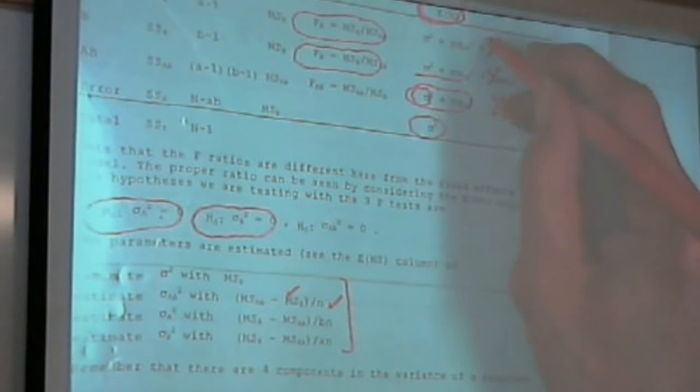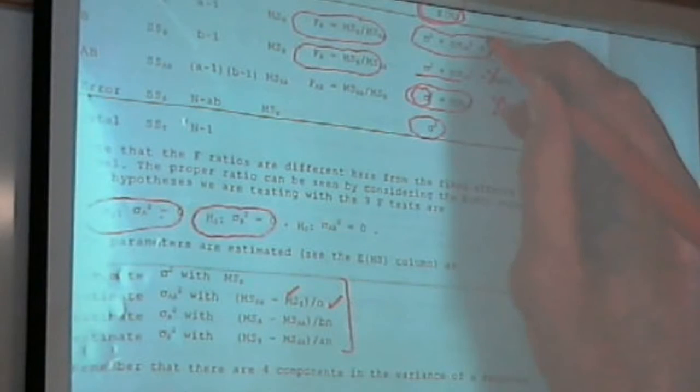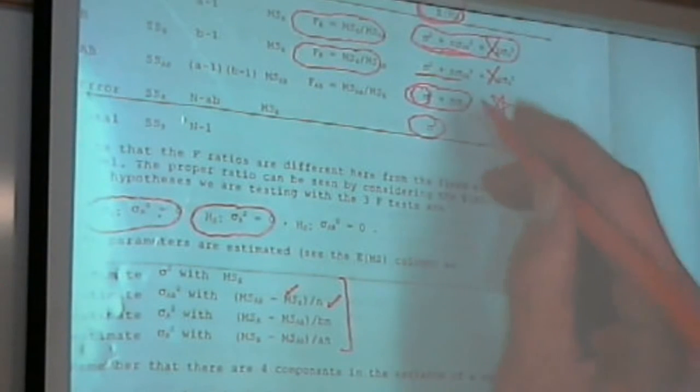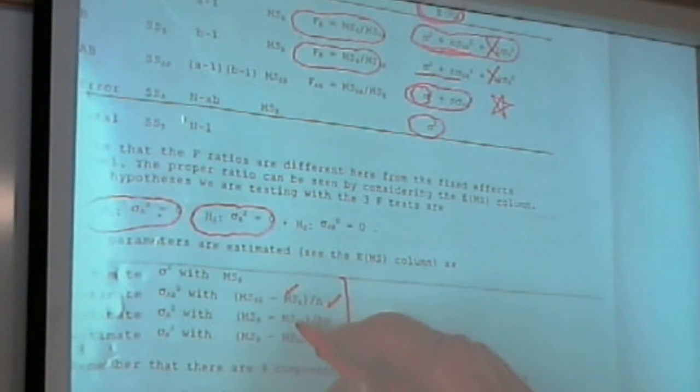Now, if I want to estimate sigma squared A, I do the same kind of thinking, but I start with the expectation for mean square A, and I look at its expected value up here, and I say, I've got to subtract off something to take this out. And so I look down below and I see that's the AB line, and so I subtract off mean square AB.